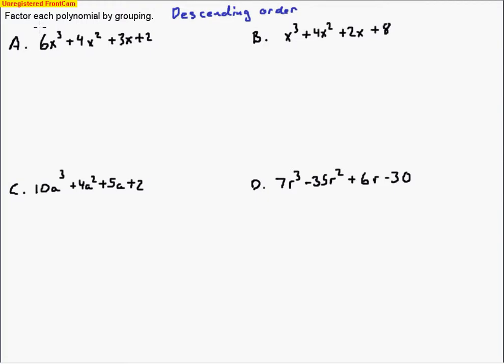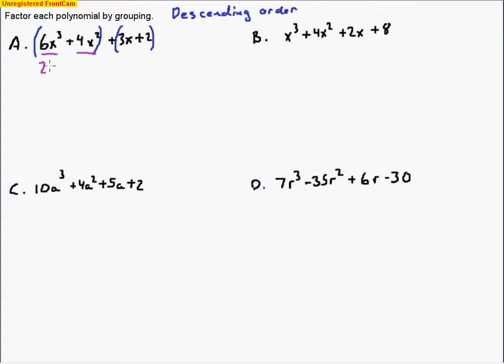From there, we're going to go ahead and group the first two terms and the last two terms. And when we do this, we're going to look for the common factors in these two parts, in these separate binomials that we just made. So we'll take a look at the 6x to the third, the 4x to the second. What's in common between these?